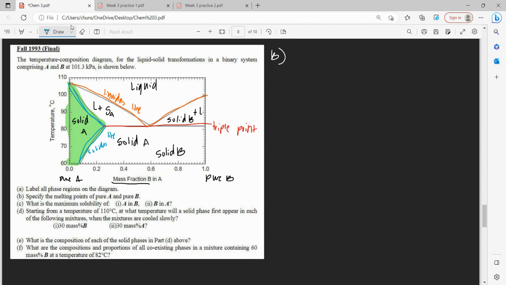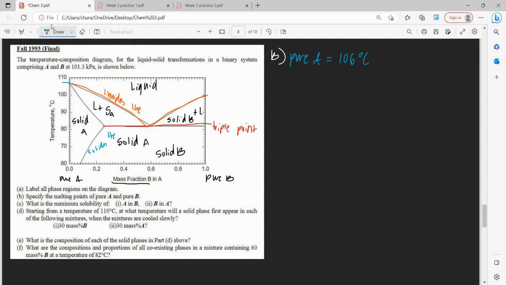So this is, let's see if I can clean this up a bit so you can read it better. So that's about 106, equals about 106 degrees Celsius.